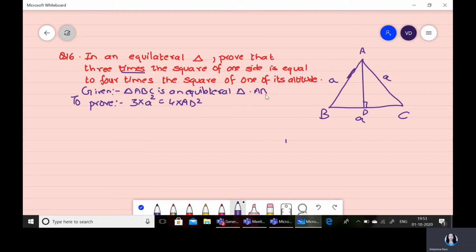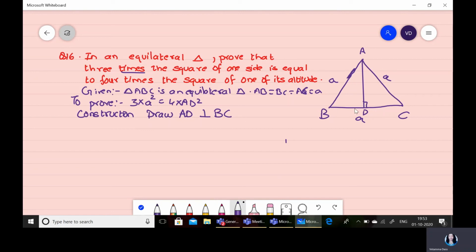That means we can say AB equals BC equals AC equals A. Now the construction: we have drawn AD perpendicular to BC, because we require the altitude.